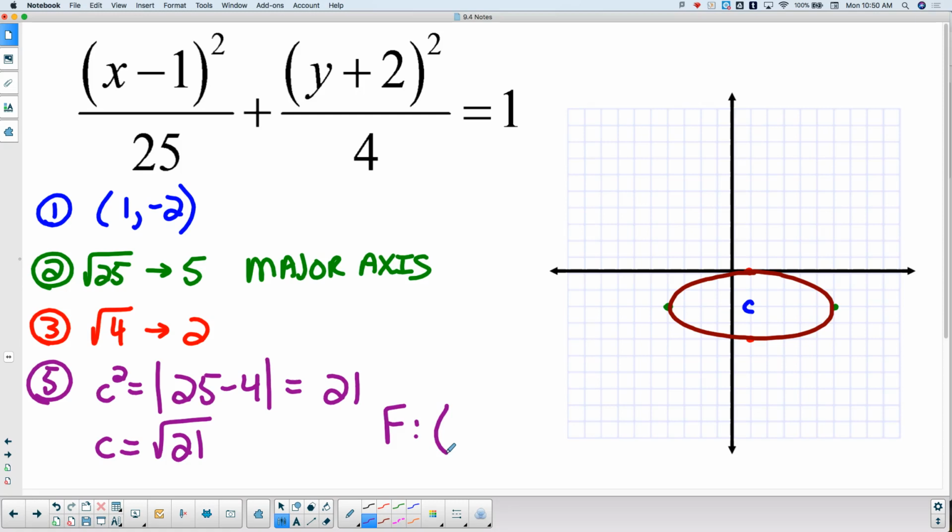Major axes is which way? Horizontal. Okay. So is horizontal x's or is that y's? X's. So I'm going to add and subtract the square root of 21 to my x's. So my center is 1 comma negative 2. So my foci are at 1 plus or minus the square root of 21 comma negative 2.